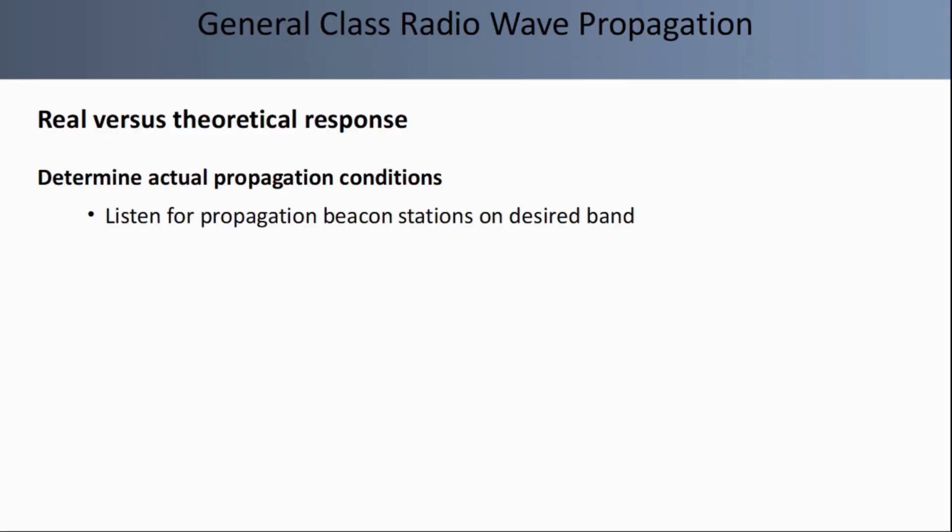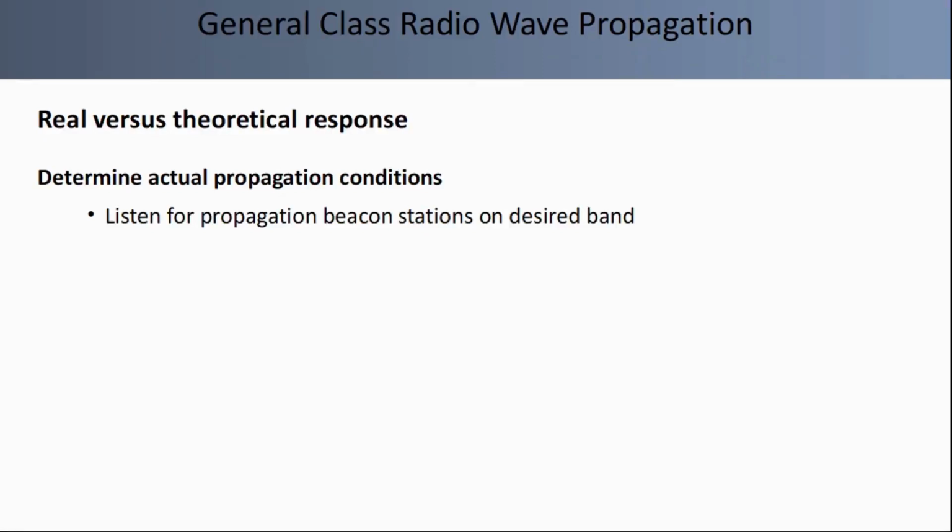Listen for a propagation beacon station or stations on the desired band. Propagation beacon stations transmit nearly continuously, typically a low power signal. I usually listen for 10-meter beacons, but there are propagation beacons on either band. So you can listen.